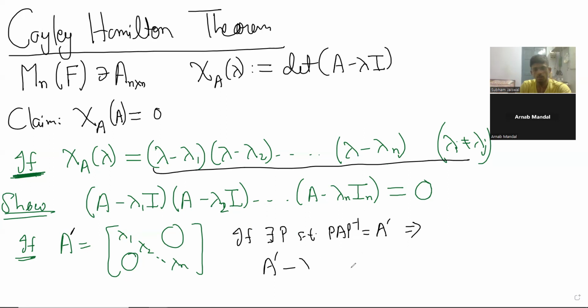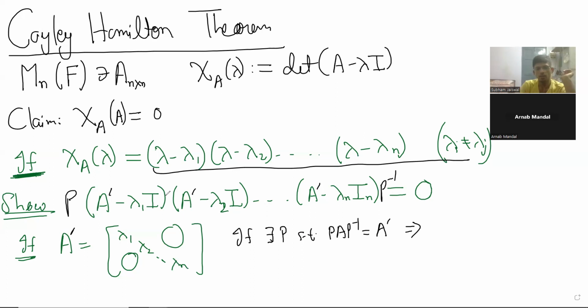And now you multiply by P inverse on both sides. P can only belong to M_n(F), no other place it can belong. Otherwise, you can't multiply it. Check the dimensions. And then what you do is multiply by P on this side and by P inverse on this side, or something like that.